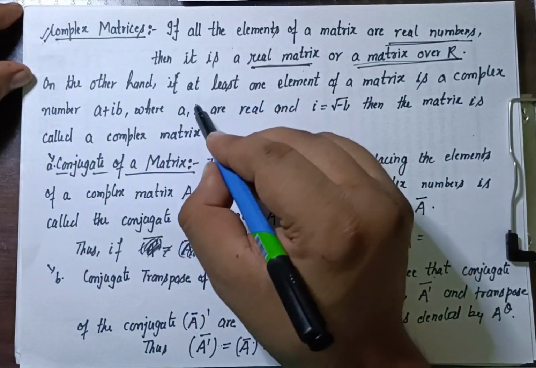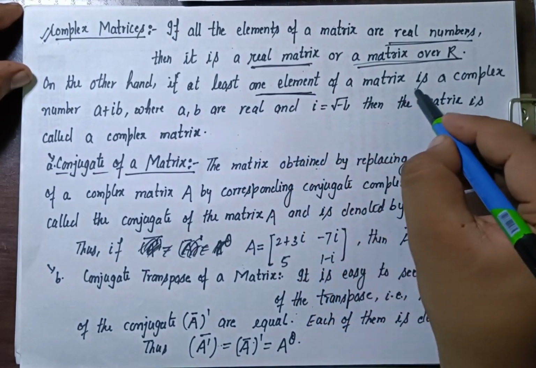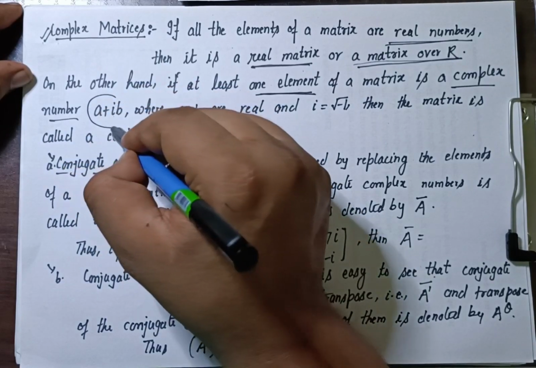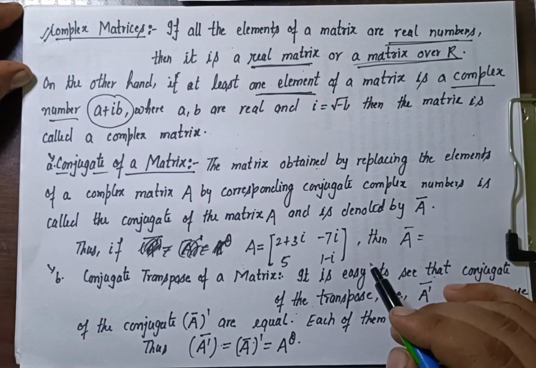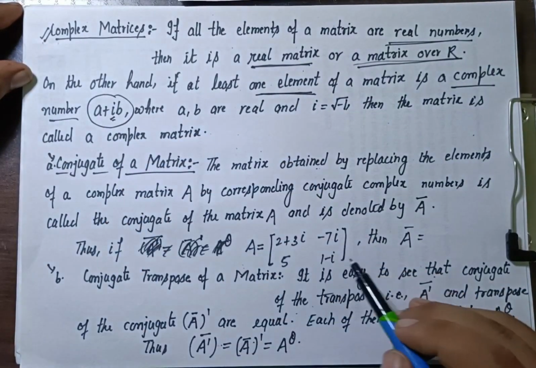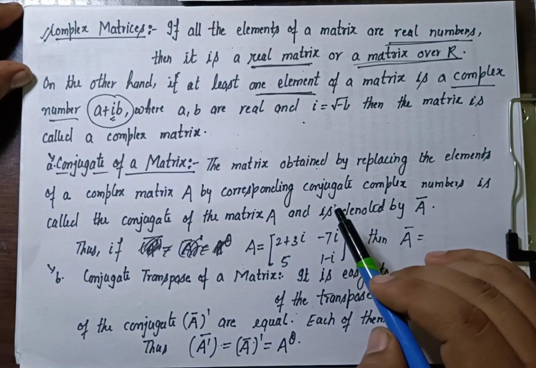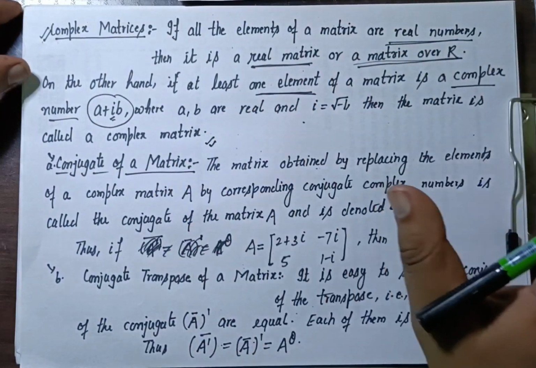On the other hand, if at least one element of a matrix is a complex number, and a complex number we represent in the form a plus iota b, where a and b are real numbers and iota is equal to the square root of -1, then the matrix is said to be a complex matrix.